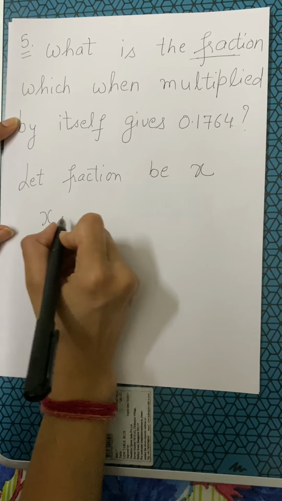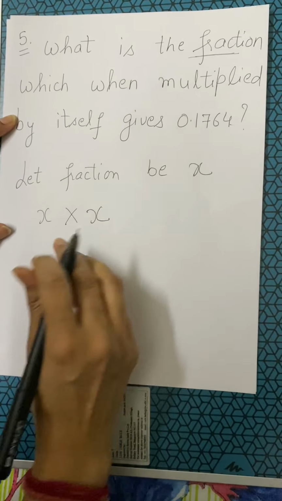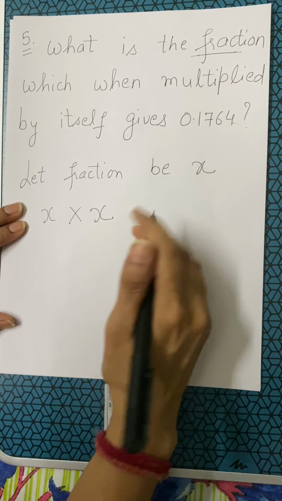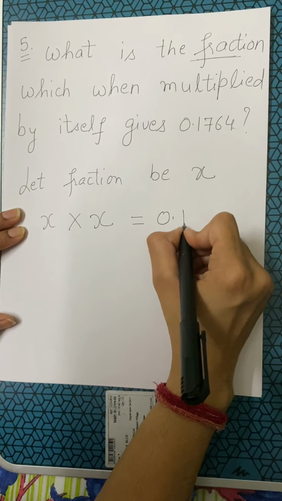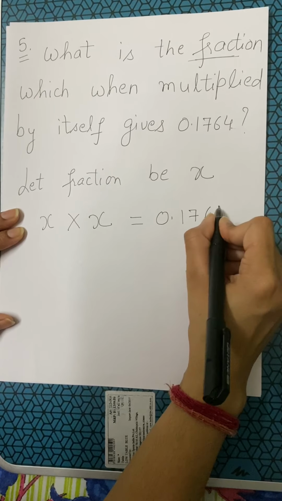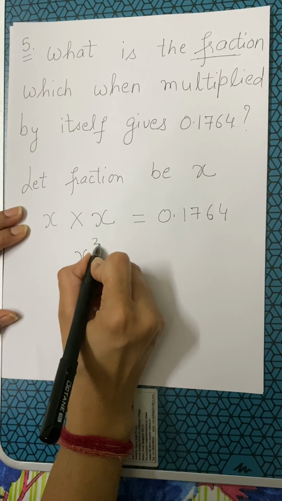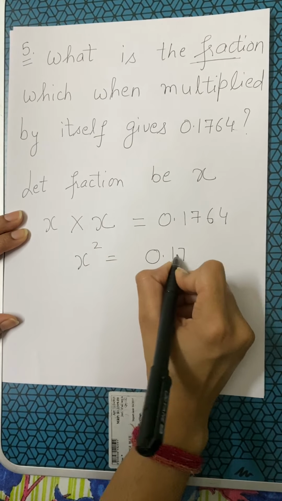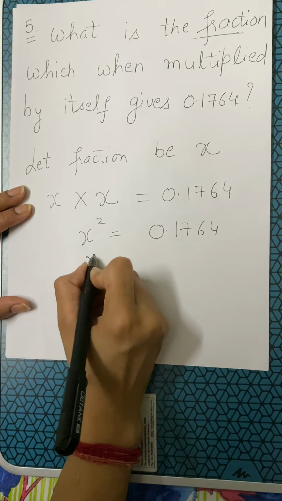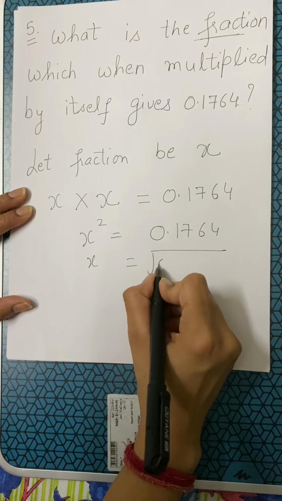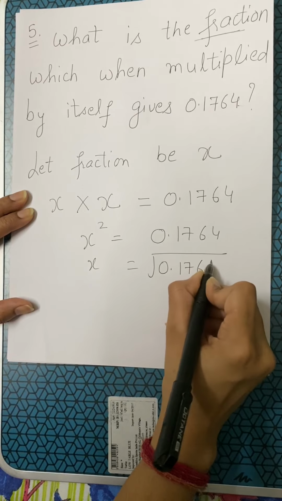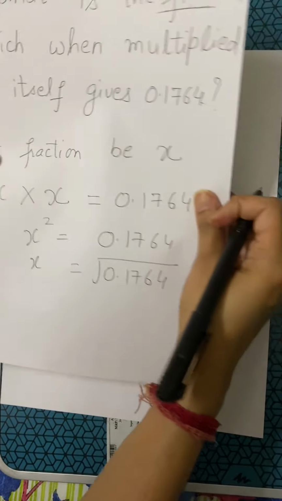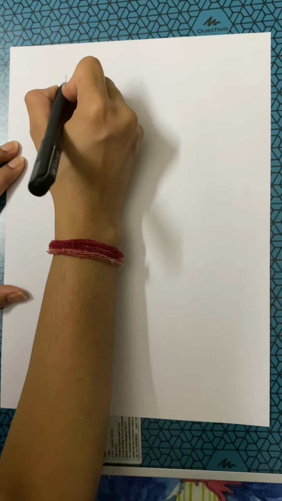Now according to the condition, the fraction is to be multiplied by itself so that the result is 0.1764. That is x square equals 0.1764. x will be equal to the square root of 0.1764.